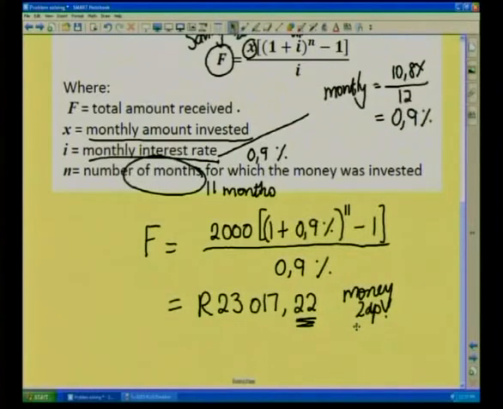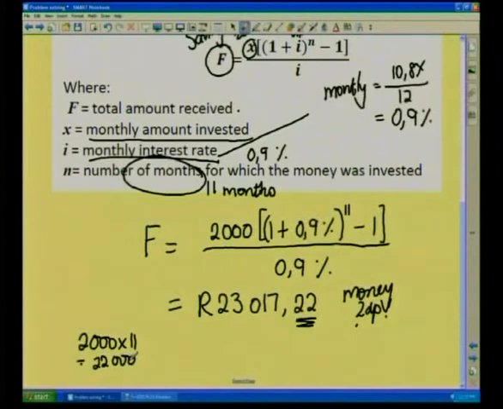Remember that. And that is my final answer. A way to check if I've got a sensible answer is that if I had to invest it with no interest, it would be 2,000 times 11, which is 22,000 Rand.